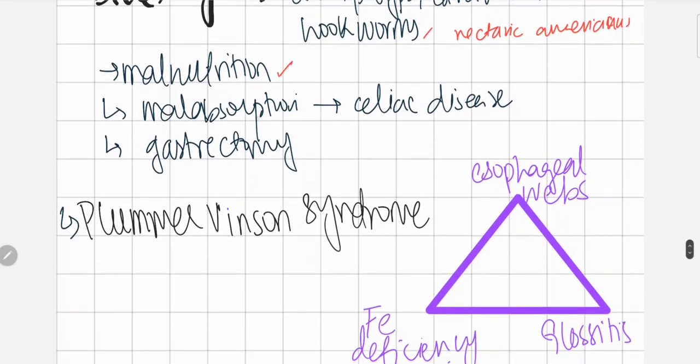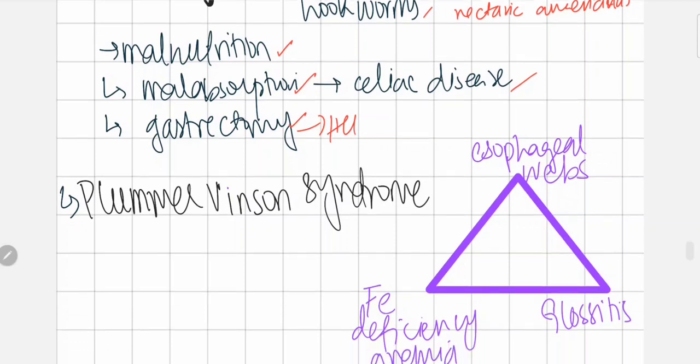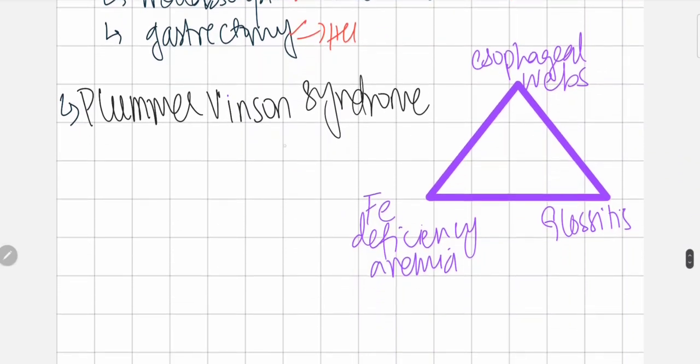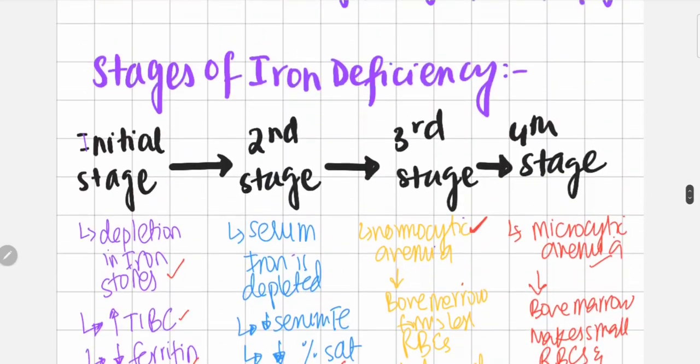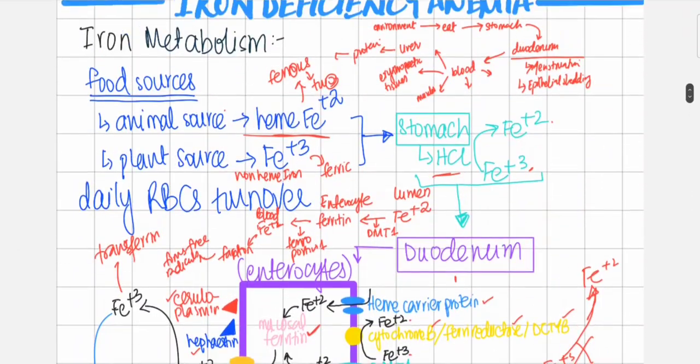There could be malnutrition, there could be malabsorption like celiac disease or sprue, and gastrectomy, as I already told about, because of HCl. And then finally, we have Plummer-Vinson syndrome, which is basically a syndrome which has a triad of esophageal webs, iron deficiency anemia, and glossitis. And that is it for iron deficiency anemia.